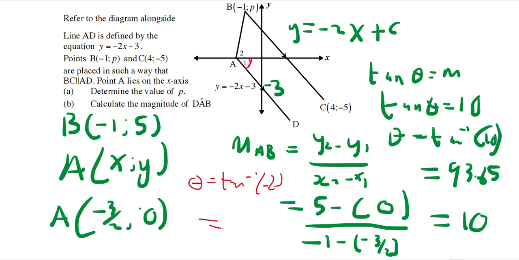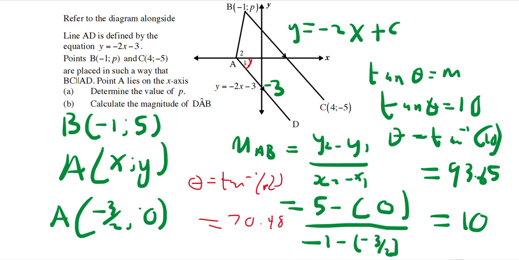Tan inverse of negative 2, but let's leave the negative out for now. That gives you 70.48. So we know A1 is 70.48.